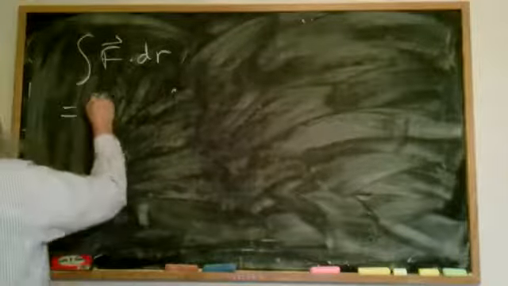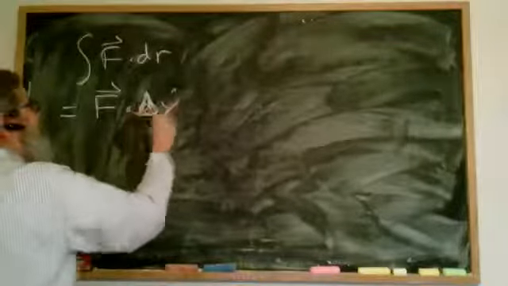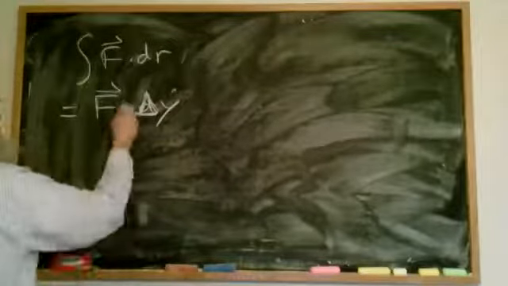Great. So we know that the work is equal to this kind of thing, and if the force is constant and the displacement is straight, which it approximately is here, then that's basically the magnitude of the force dotted with the displacement, delta y. And that's a dot product, which means that there's a cosine.